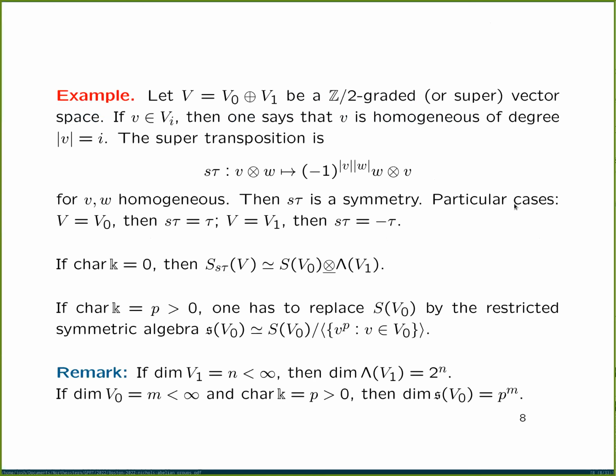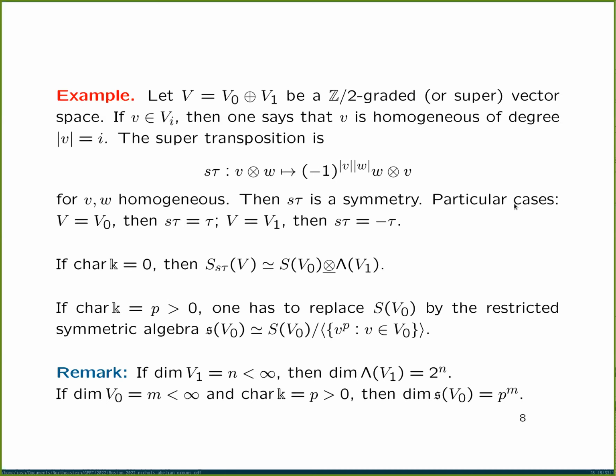Let me quickly go through the following example of a symmetry which is not the usual transposition. Take V as a Z/2-graded vector space, also called a supervector space. We say that an element in V_i, where i is 0 or 1, is homogeneous of degree i. And then we define the transposition, which I denote for the moment by s tau.